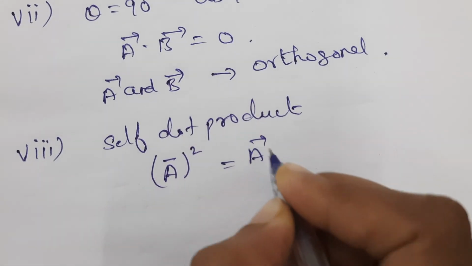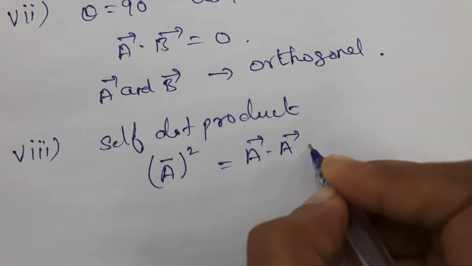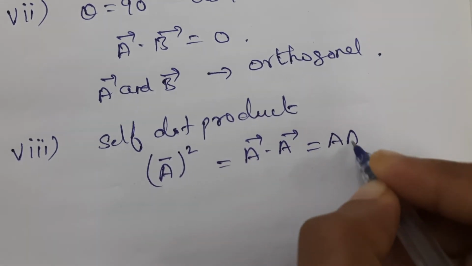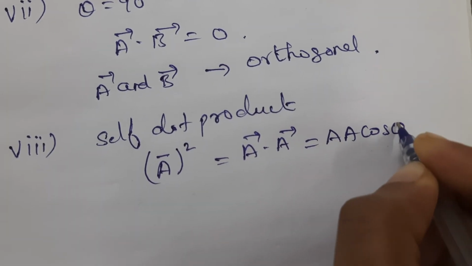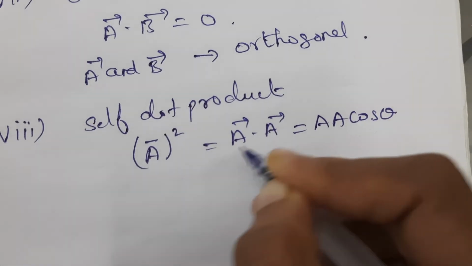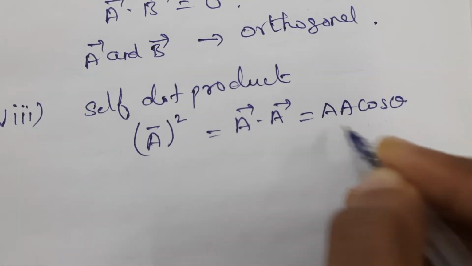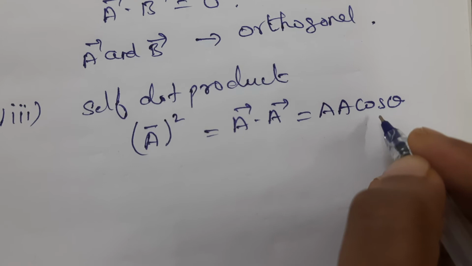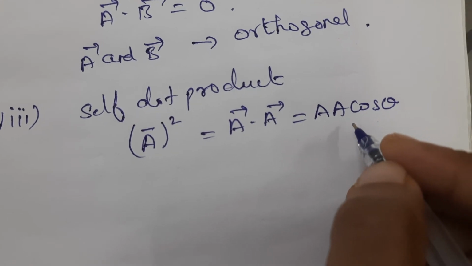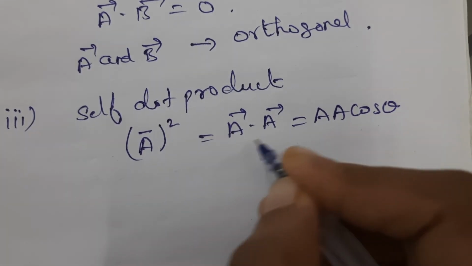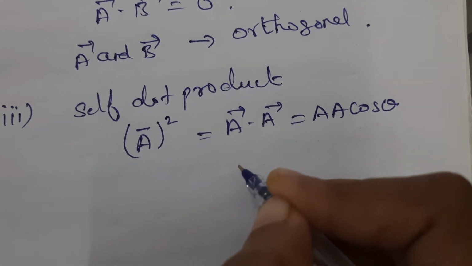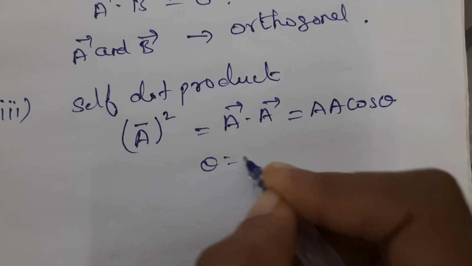That is A vector dot A vector can be written as AA cos theta. A dot B equal to AB cos theta, so A dot A equal to AA cos theta. Here both are A and A. So what is theta value? Theta value is 0.